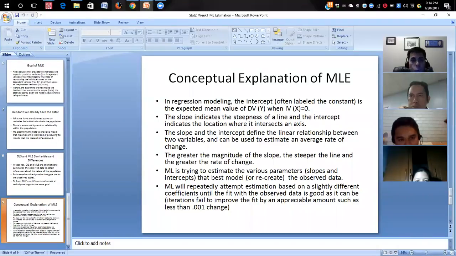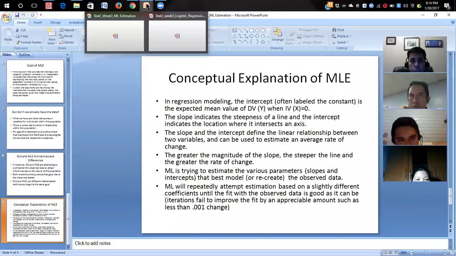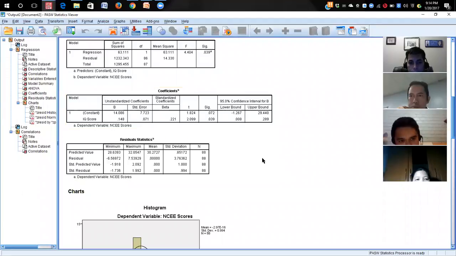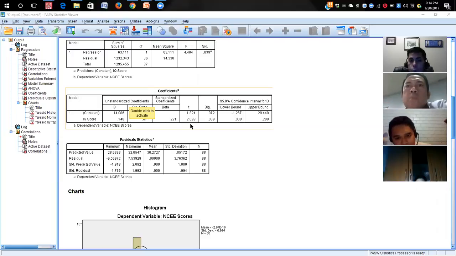So that's what it's basically telling us: with the unstandardized coefficient, for every 0.15 increase in IQ score, it will create a 1 point improvement in the NCEE score, using the mean parameter of 30.27.